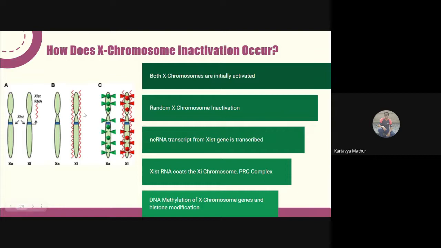But it's not always that this choice is made. Depending on the availability of transcript and the timing, either of the X chromosomes gets inactivated. But initially, both X chromosomes transcribe this gene.